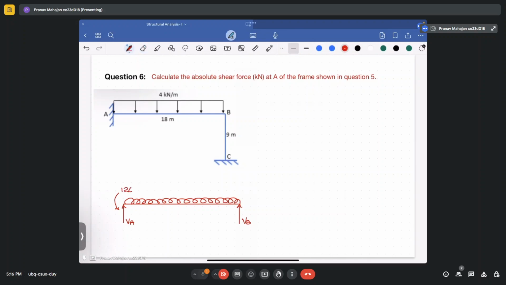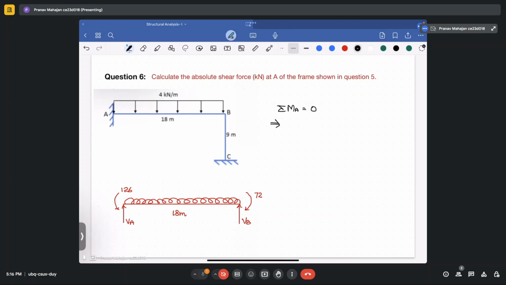Okay. And here it is 72 in clockwise direction. Total length is 18 meter. Now use summation of moment about A equal to 0. What you will get?